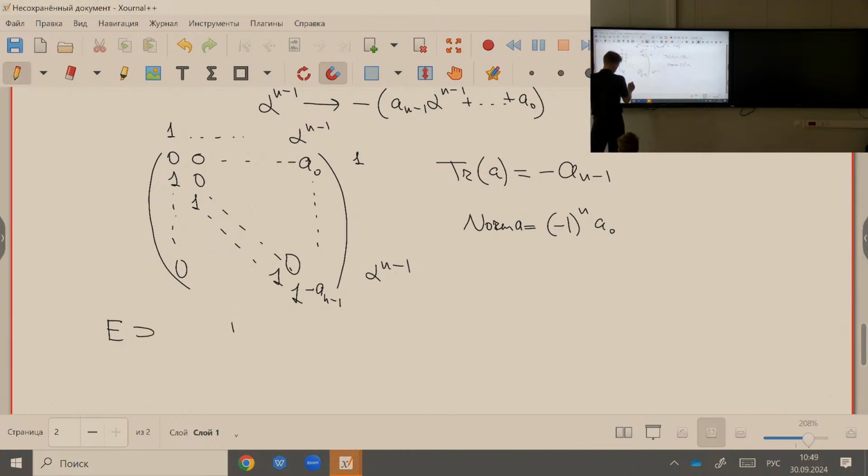And you have extension F, and you want to take a norm of the element.